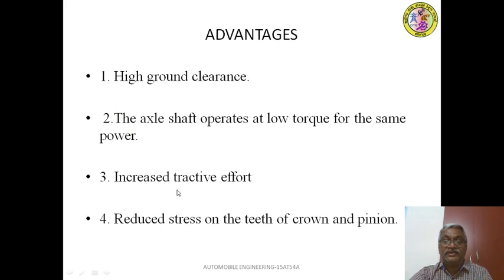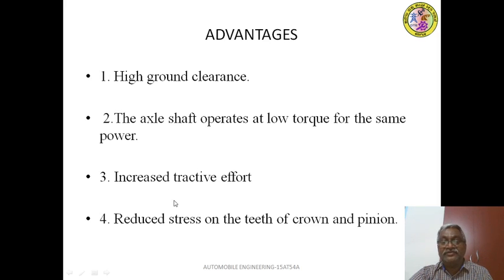Next advantage is increased tractive effort. The tractive effort increases because of the increase in gear ratio, that you already know. This is the common advantage in all the arrangements, and this is the very important and main requirement.